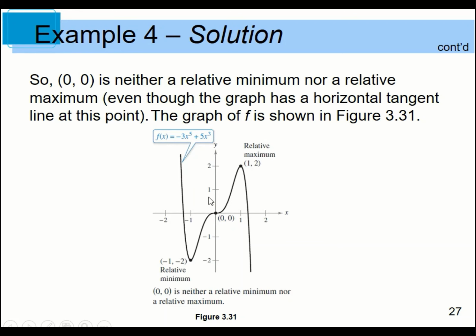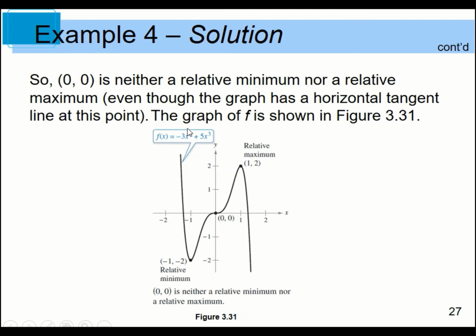So this is actually an inflection point, where the curve is concave downward before 0 and concave upward after 0. This point is an inflection point because the concavity changes.